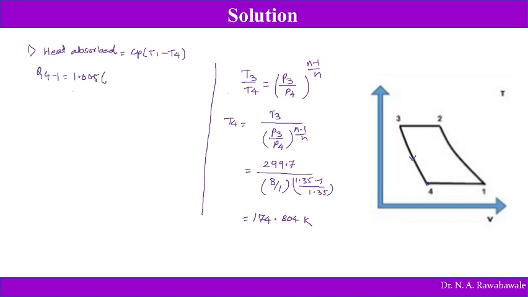So heat absorbed, that is nothing but Q4 to 1, which is equal to Cp value 1.005 into T1, which is 279.7, minus 174.804.